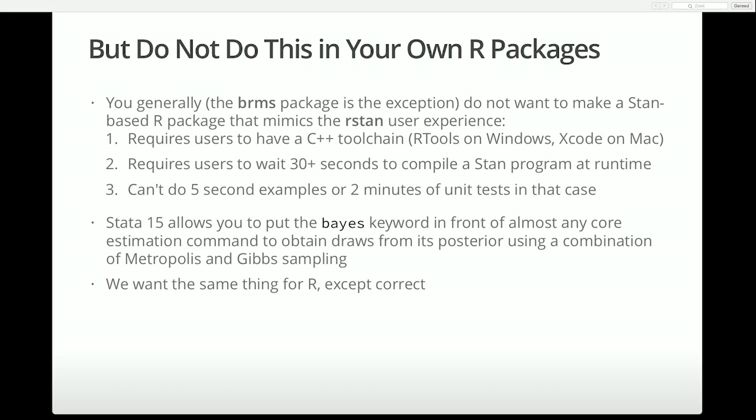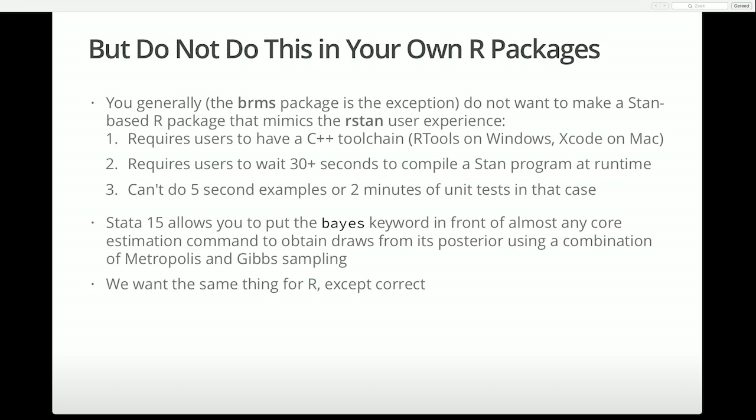One, it requires your users to have a C++ toolchain. Half of them won't. It requires users to wait like 30 seconds for the thing to compile and then take less than 1 second to minimize. And for doing packages, you can't do 5-second examples or 2 minutes of unit tests if you're taking 30, 45 seconds to compile the thing at runtime.